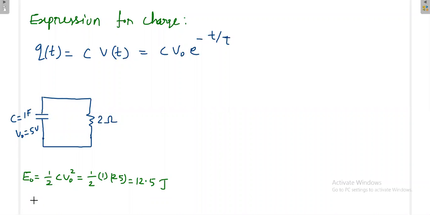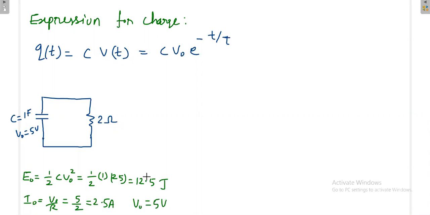Then the initial current across the resistance is I0 = V0 divided by R, that is 5 divided by 2, which is 2.5 ampere. The initial voltage is simply 5 volts.